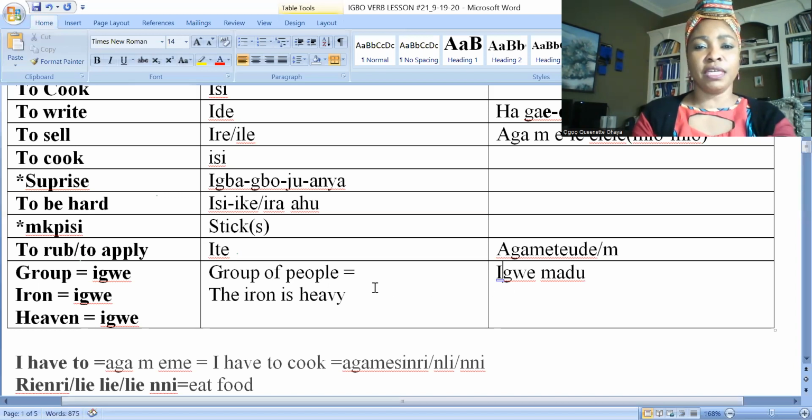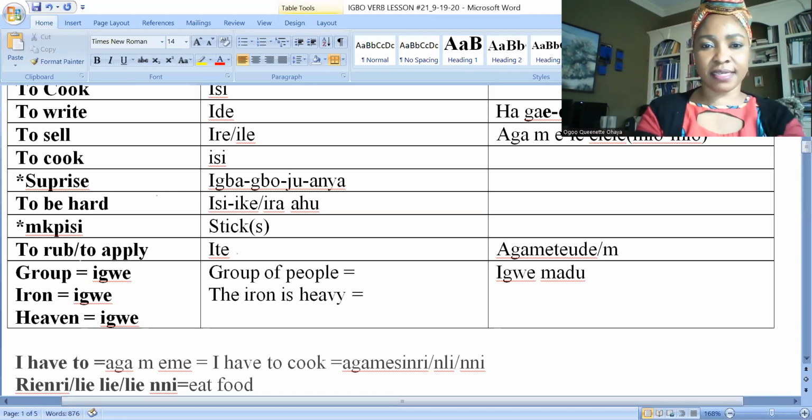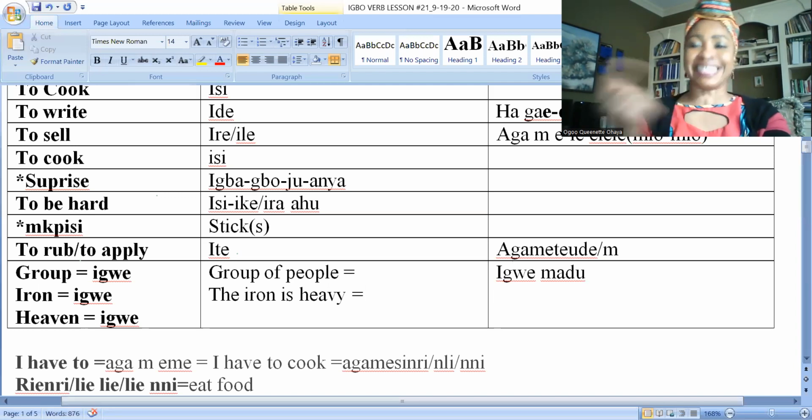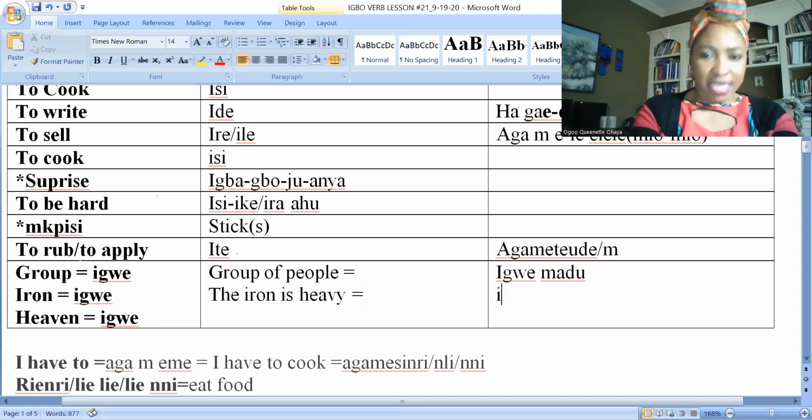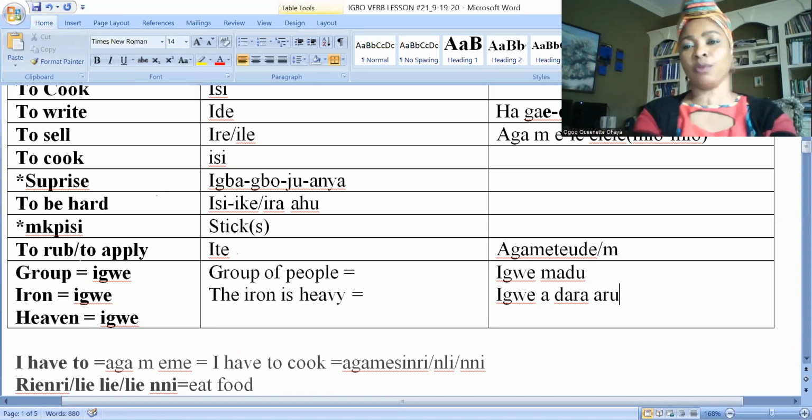So it means this one is called the iron rod, the iron is heavy, okay? Igwe, igwe ahụ, okay? Igwe a dara arụ, dara arụ.